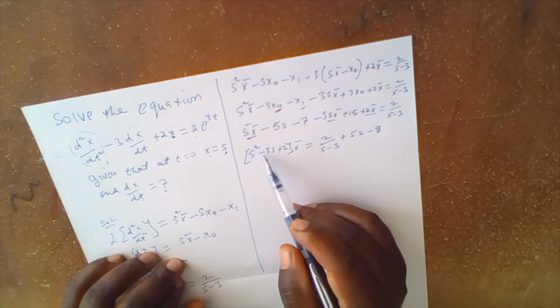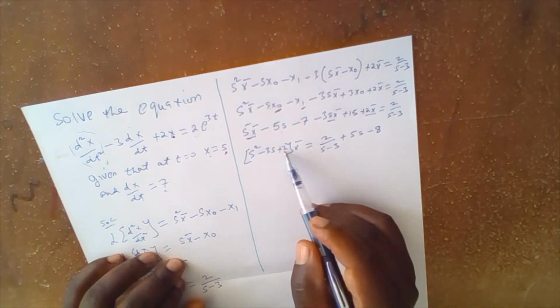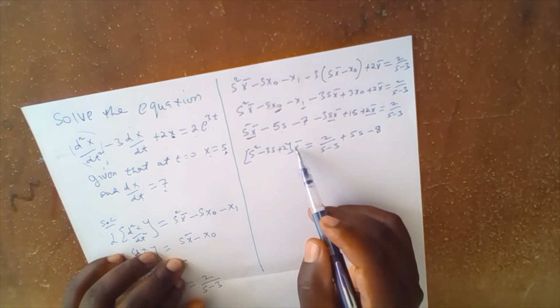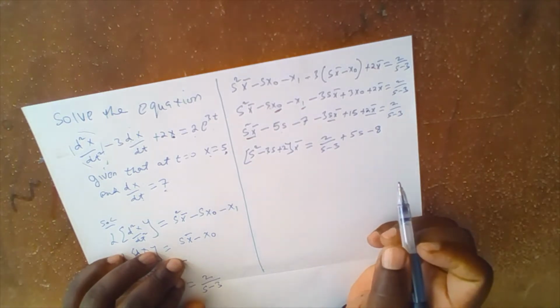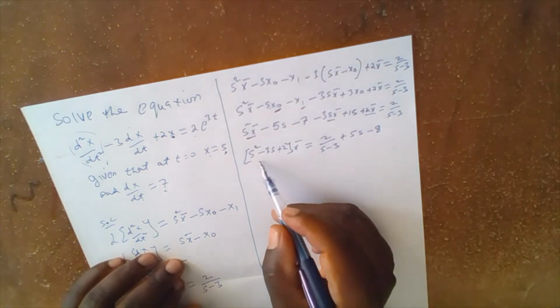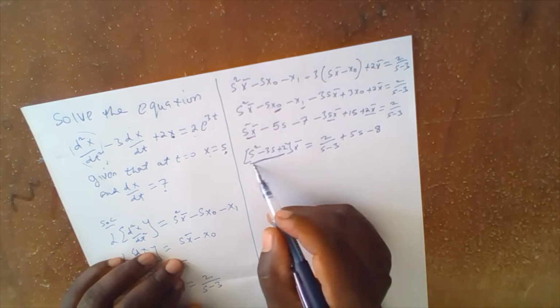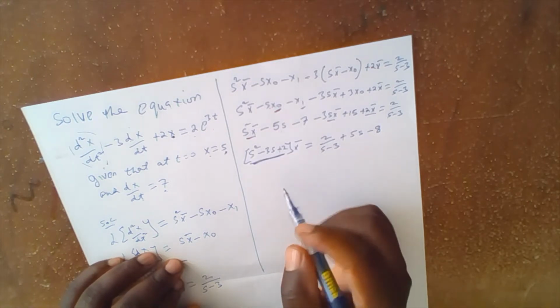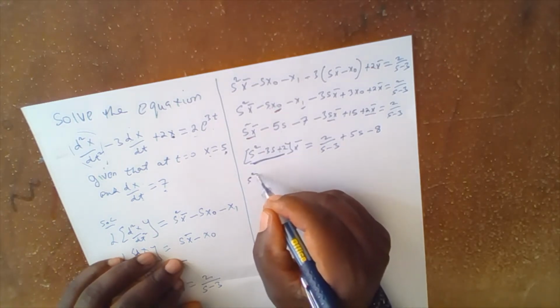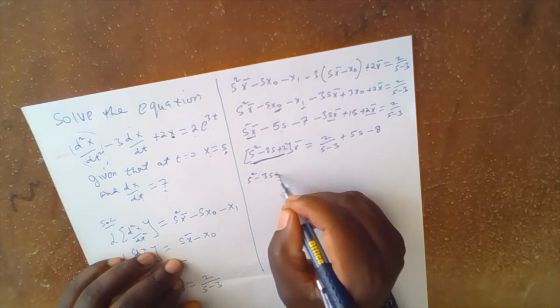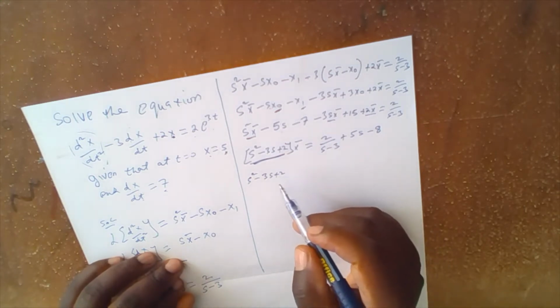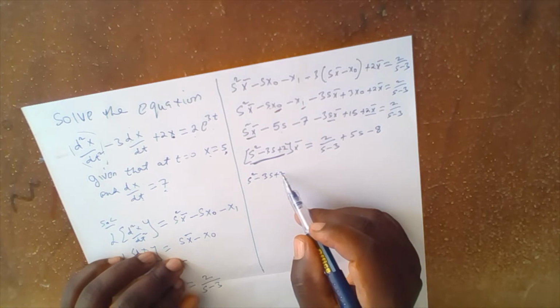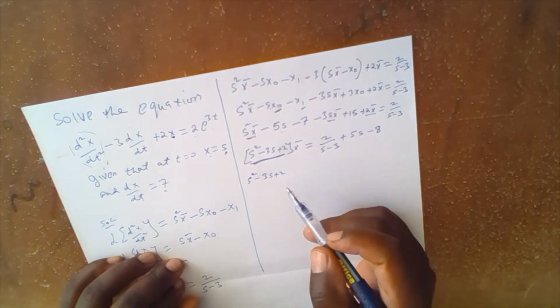Okay, we have s² minus 3s plus 2 into x bar equals this. So we can factorize this expression, s² minus 3s plus 2. We need two numbers that when added give negative 3 and when multiplied give positive 2.